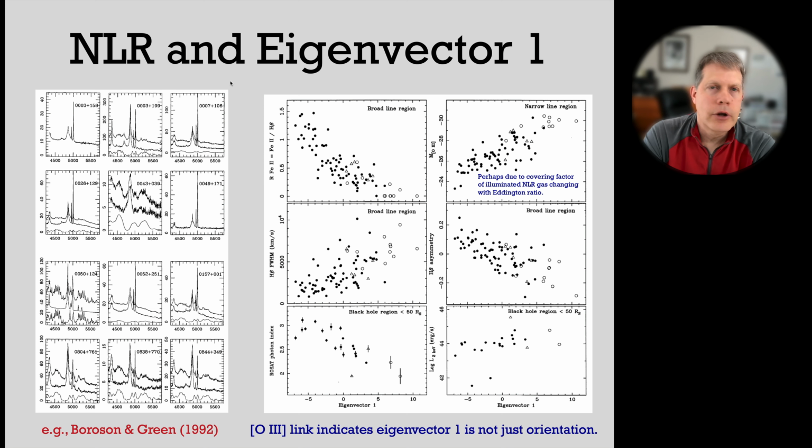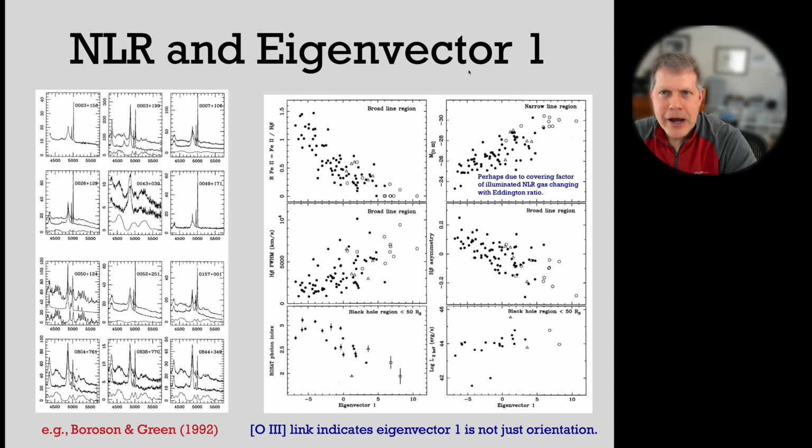And then another point of utility is that the narrow line region emission links to that eigenvector 1 quantity, which I introduced when we talked about the broad line region. Okay, and in fact, you can see that here. Here is that eigenvector 1 quantity, you will remember, which connects together emission from the broad line region and emission from the black hole region, measured here with X-rays, and reaches all the way out to the narrow line region.